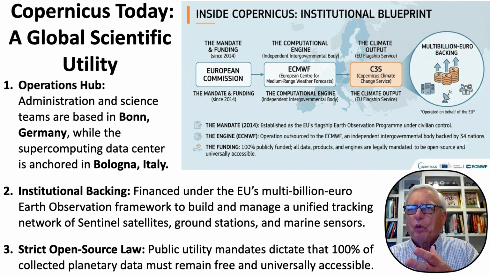And they, in turn, one of their programs they have is the Climate One, and they produce the C3S, which stands for Copernicus Climate Change Services, okay? And they're the ones that create these models.